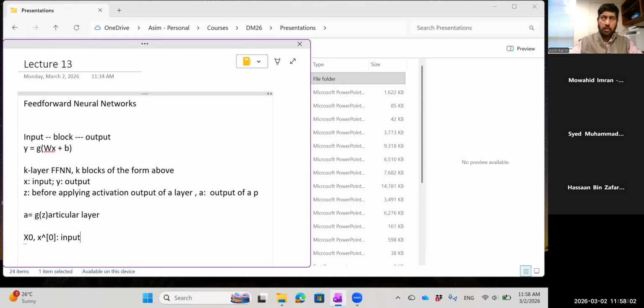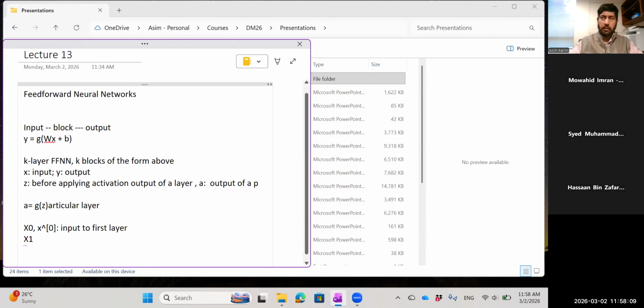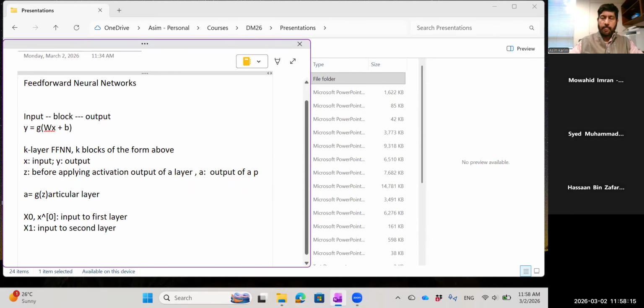So what is this input to first layer? ठीक है. So similarly x1 would be input to second layer and so on. And this input to the second layer is actually the output of the first layer.